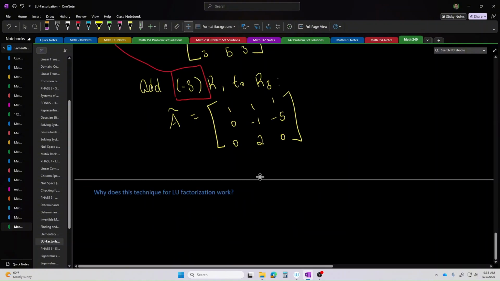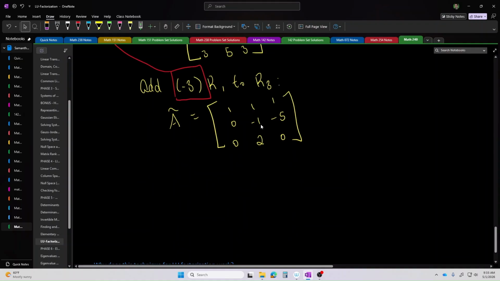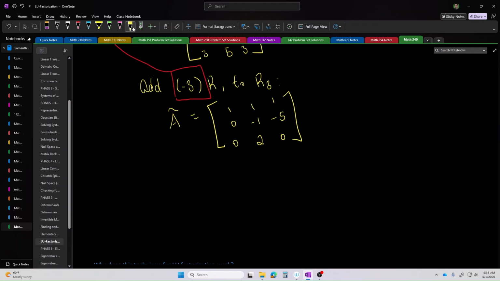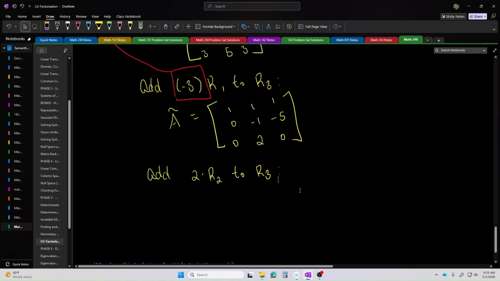Finally, I would act to eliminate this value underneath -1 in the third row of A. So the next thing that I would do is add 2 copies of row number 2 into row number 3. Remember that the only operation we are permitted to perform here is row replacement. So I would not be permitted in this algorithm to swap these two rows.